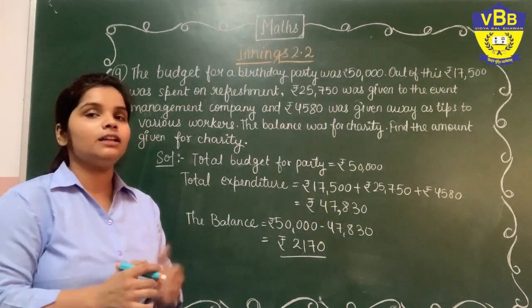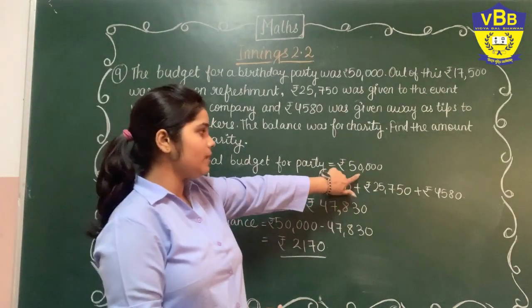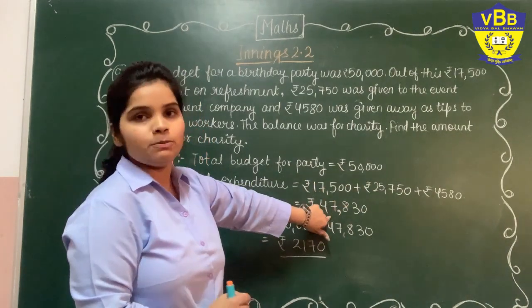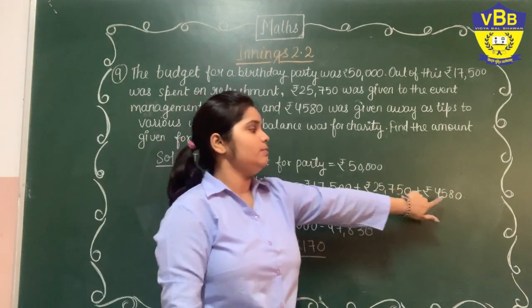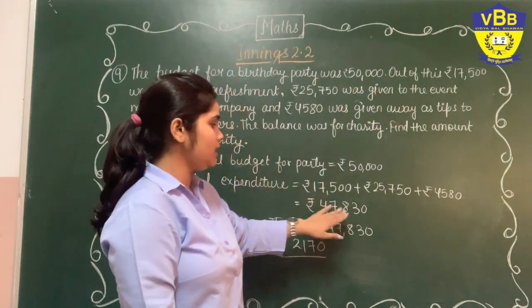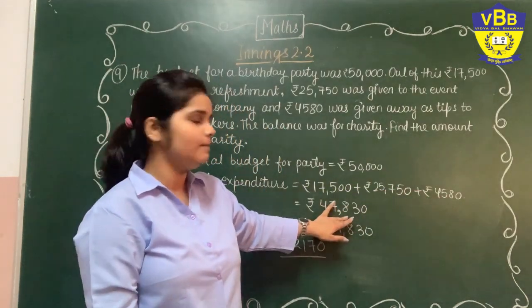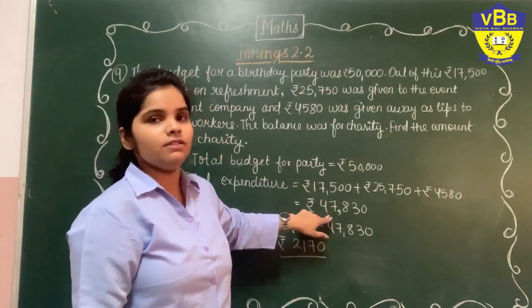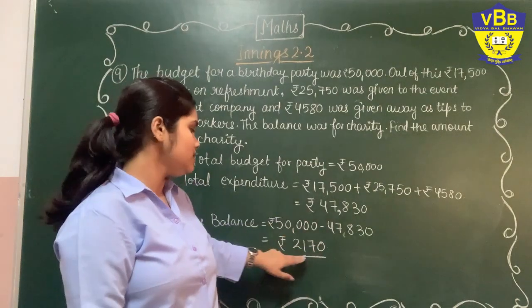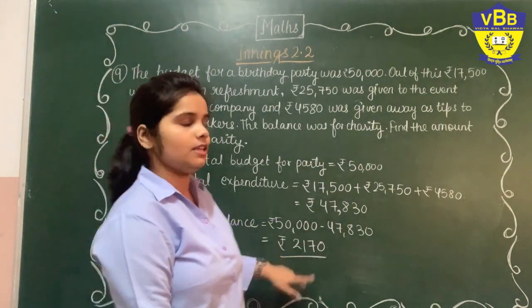2,170 rupees are left. 50,000 was the budget. This much amount has been spent on three of the activities: the refreshment, the event management company, the tips. 47,830 rupees have been spent. The money we are left with is 50,000 minus 47,830, that is 2,170.